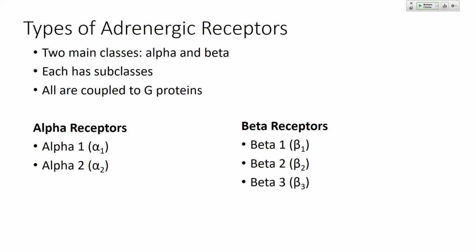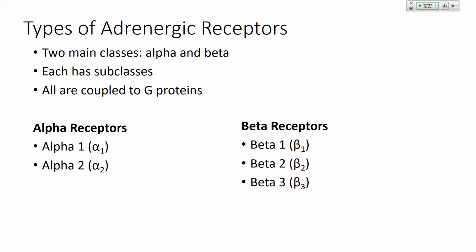Let's talk about adrenergic receptors. First of all, what type of neurotransmitter does an adrenergic receptor bind? Norepinephrine or epinephrine. Now bear in mind this can either be a neurotransmitter as seen in the synapse or a hormone, right?